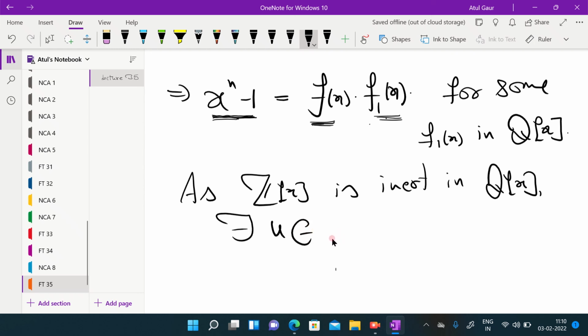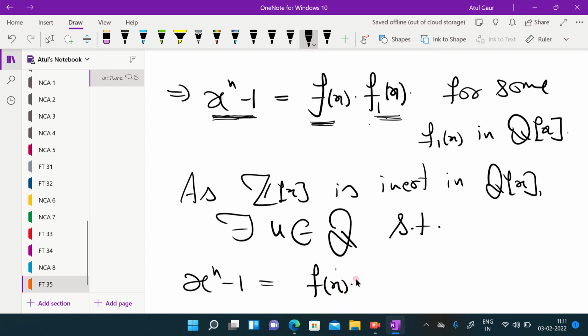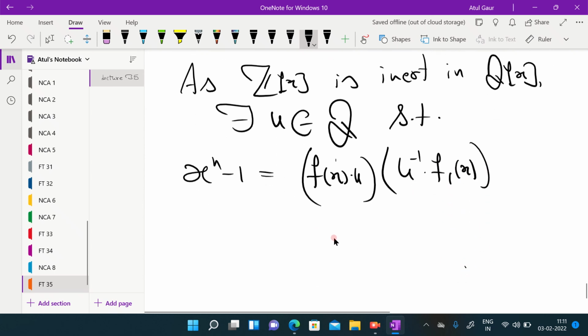Is that fine? So some element u in q such that xn minus 1 equals fx into u inverse into f1x, and the point is that this element fx times u will be in zx.